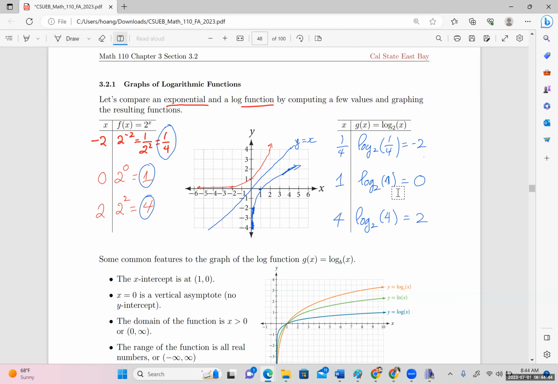Okay, so f of x and g of x are inverse of each other.